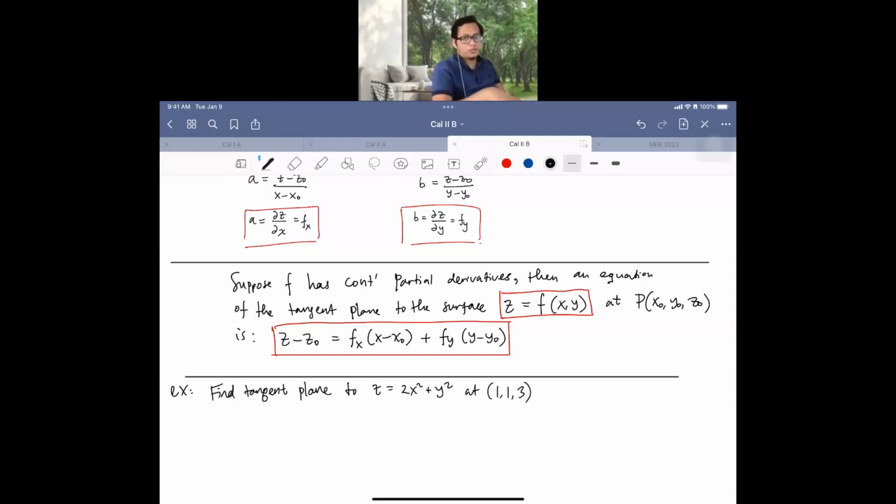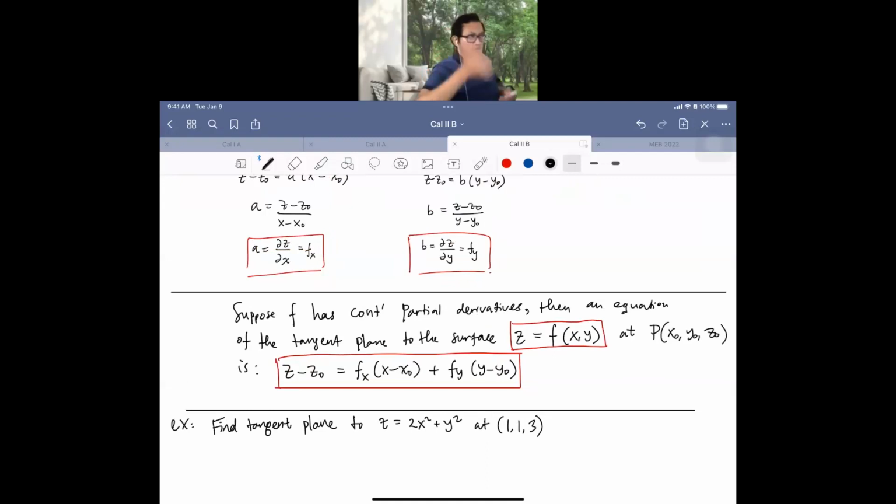Maybe giving you some time to write, or you want to try to find the tangent plane. This is a direct question to answer.